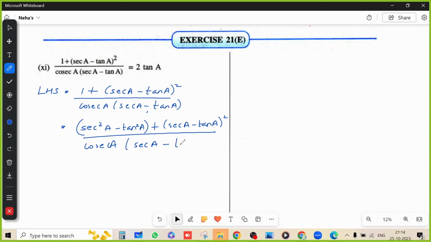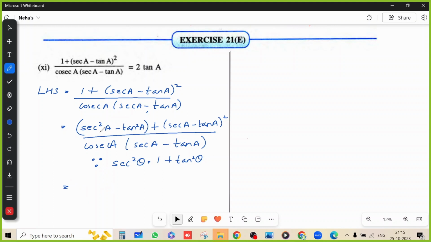The denominator is also copied as it is. Now, this was by using the trigonometric identity that sec square theta is equal to 1 plus tan square theta. Therefore, sec square theta minus tan square theta is equal to 1. So we have replaced 1 with this.